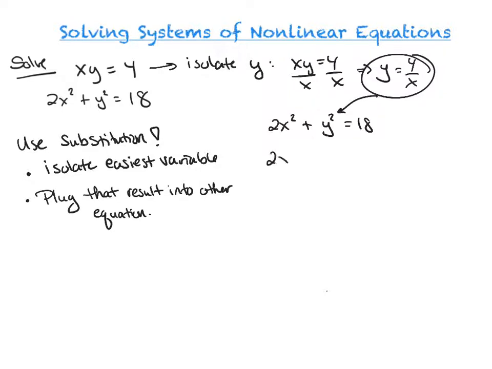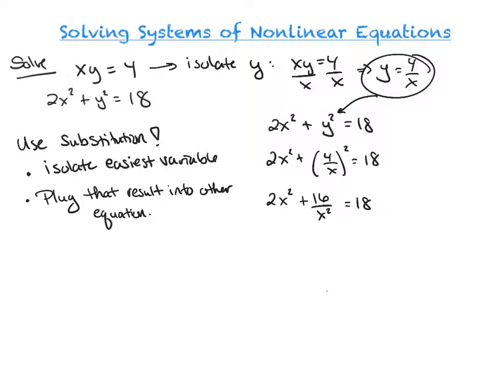That'll give us 2x squared plus 4 over x all squared equals 18. Okay, squaring the 4 over x gives 2x squared plus 16 over x squared equals 18.